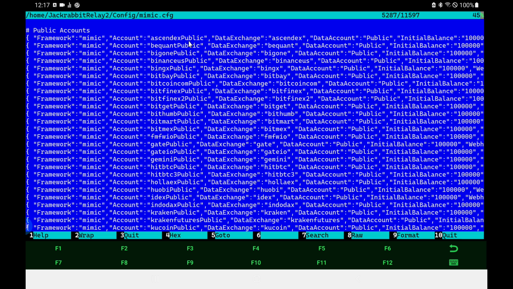For example, KuCoin public. You don't have to do this. The script does this to make it easy. So this will use the KuCoin account public reference, as you can see from the data exchange and the data account, using that public reference to make sure it easily translates to the public API.